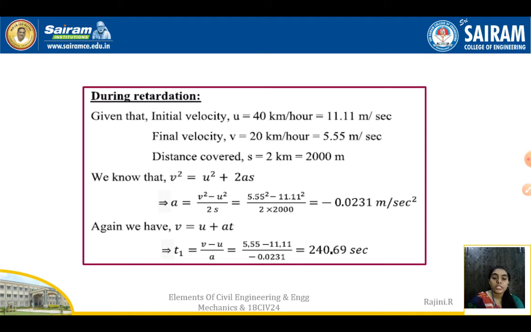Again we have v is equal to u plus at. So the negative acceleration we got is minus 0.0231. Here time I'm taking as t1, the first timing. t1 is equal to v minus u divided by a, that is v is 5.55 minus initial velocity 11.11 divided by the a which we got, which is negative, so minus 0.0231.